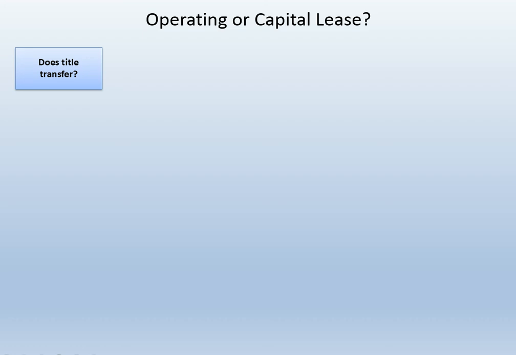If title does not transfer, if there's no mention of title transferring in the lease agreement, for example, then we cannot infer that title is going to transfer. Most leases will explicitly state whether title is transferring or not. So we have to evaluate a lease agreement, look for any indication of whether or not title is going to transfer.